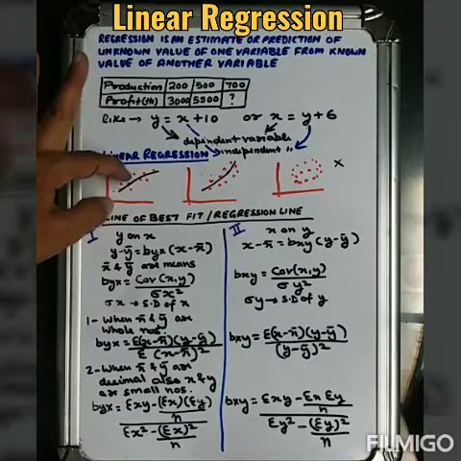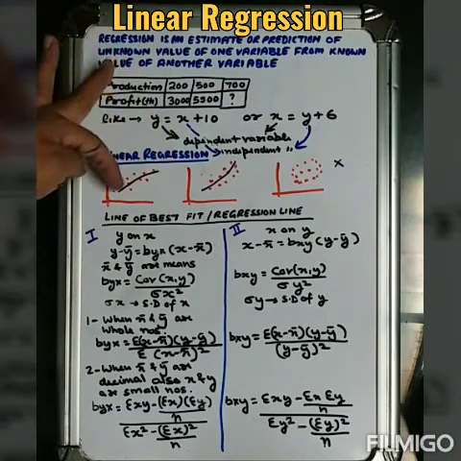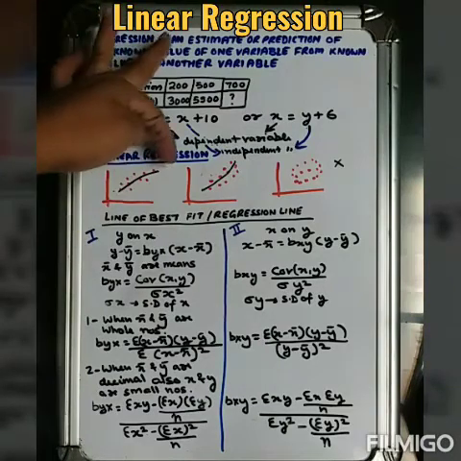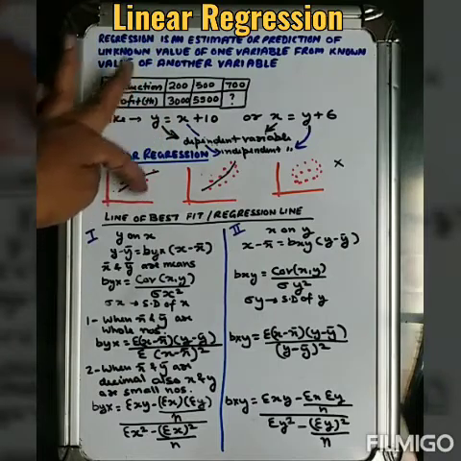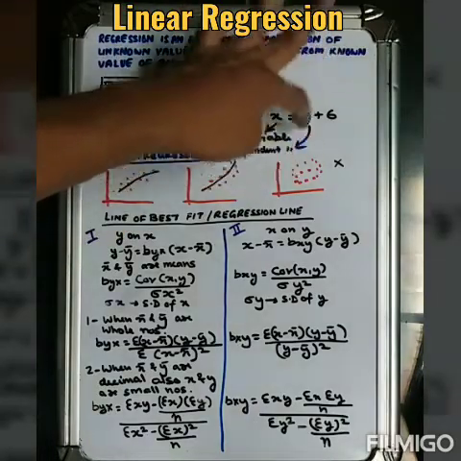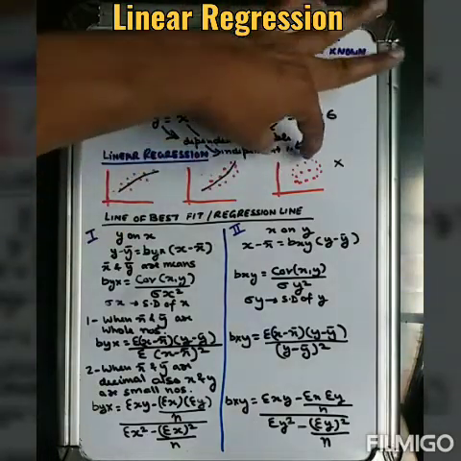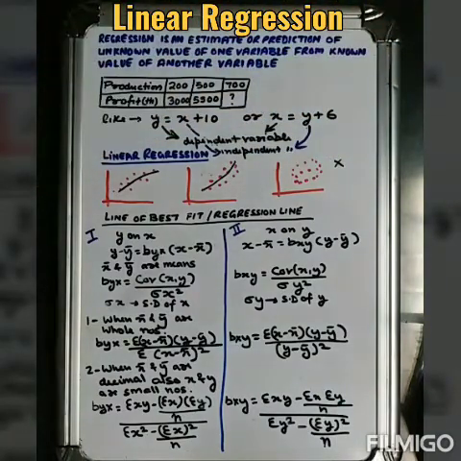Suppose we plot it with the help of dots and make an approximate line which goes midway between these dots. This is called linear regression, which gives the relation of x and y. Same way here, if it is circled, that means in this case we cannot calculate the approximate value. So these graphs are not required. This is just for understanding.